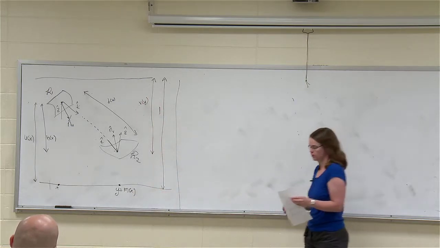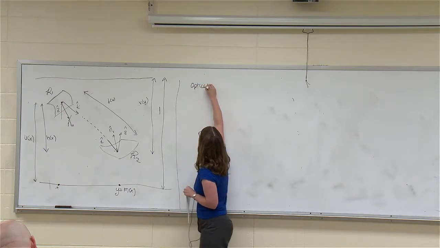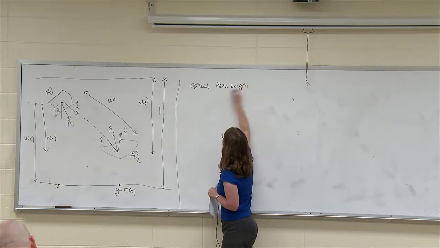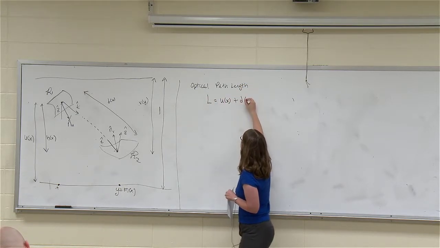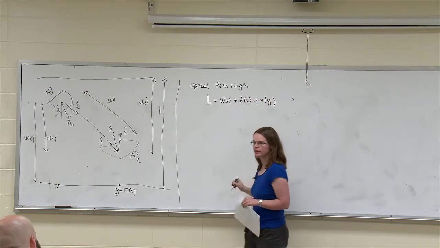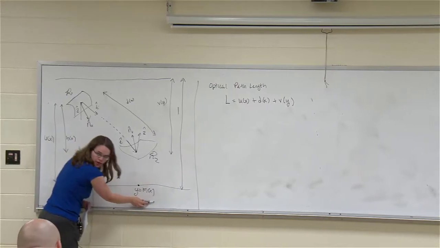And we said that's equal to a constant. So our optical path length was L equals U plus D plus V, where, in particular, we're taking V at this value of y.